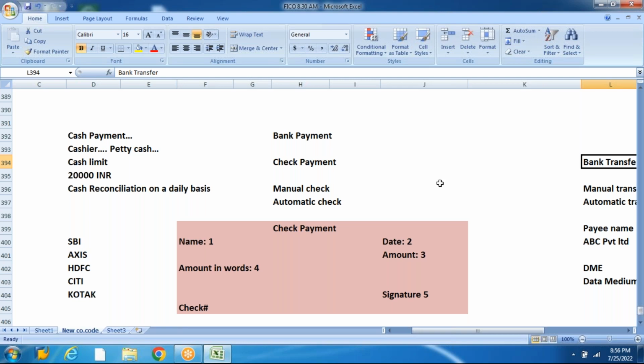When we print a check from SAP, how does the system know the check name, check date, check amount, amount in words, or signature? Before you get into SAP, you must know what it is outside SAP from the business point of view, because nothing comes directly from the system.